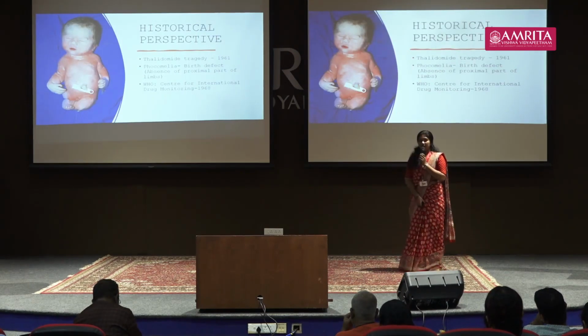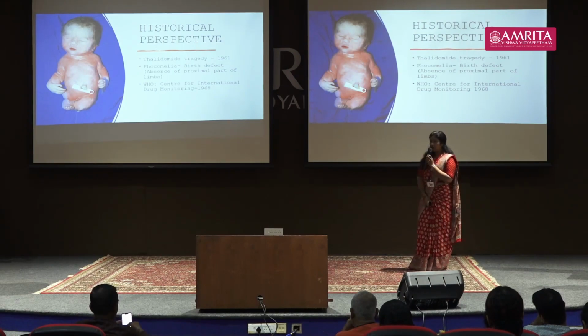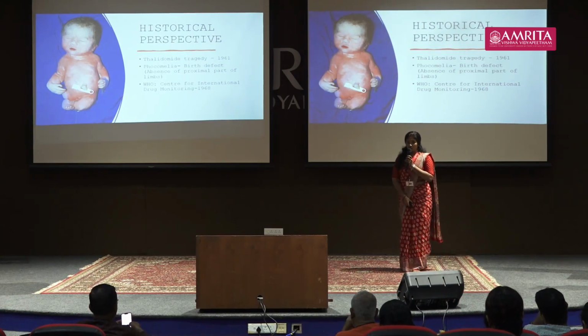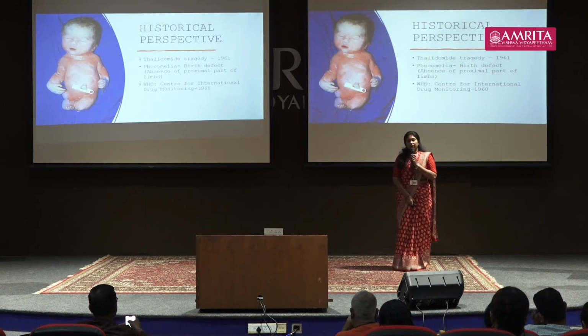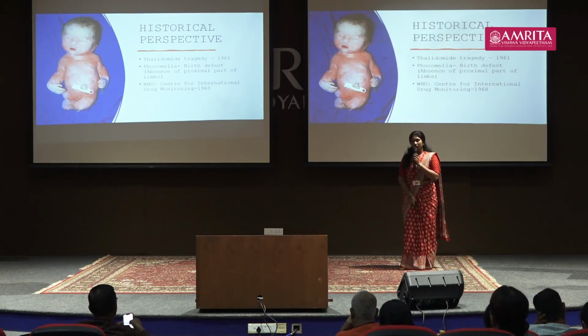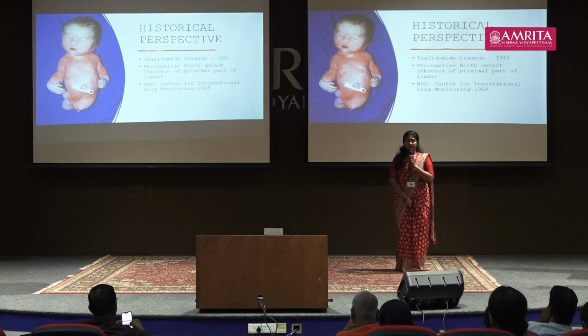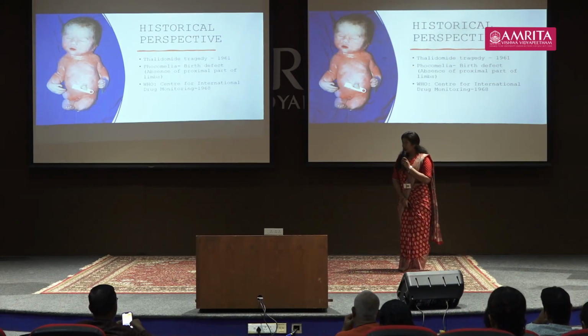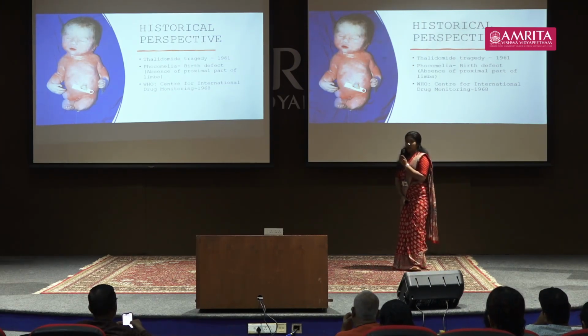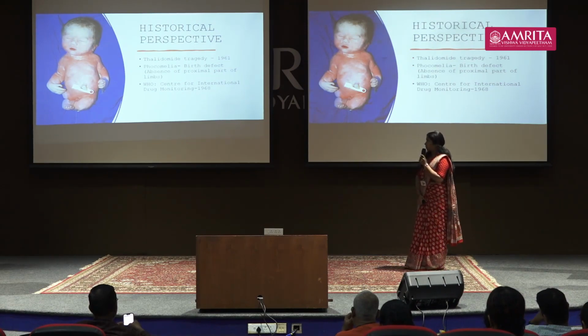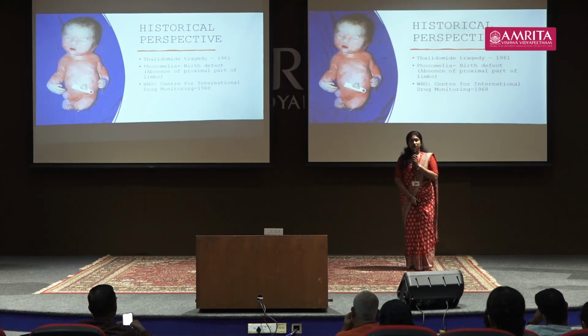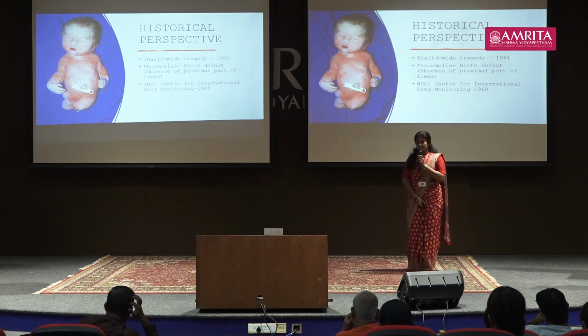Now let's see the historical perspective of pharmacovigilance. The pharmacovigilance commenced 170 years ago, but the formation of regulation on the drug safety, etc., happened only after this particular drug tragedy that is known as thalidomide tragedy, which happened in Europe in 1961.